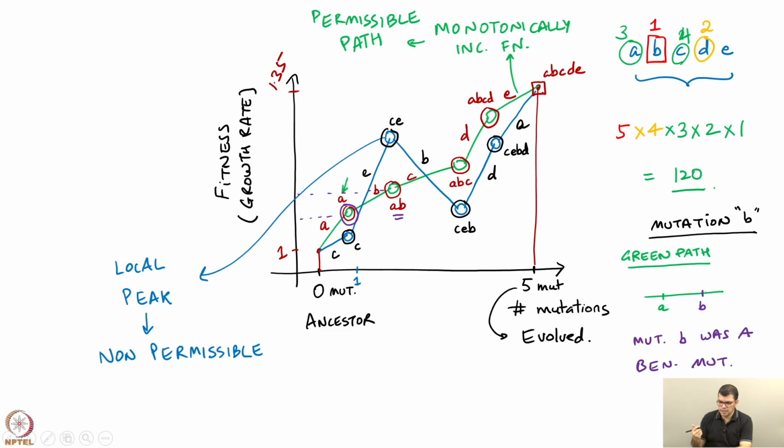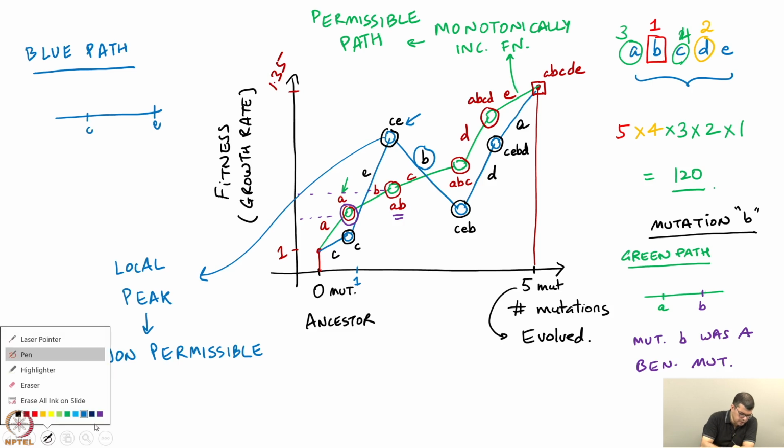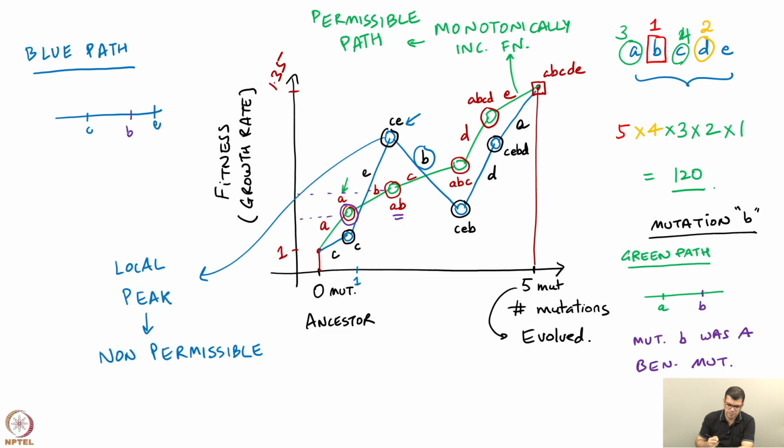But that is not the case for the blue path. Let us take a look at mutation B on the blue path. Now, in this case, mutation B occurs when C and E are the two mutations that are already present. So, let us say C is already there and E is already there, and in this context mutation B takes place on this genome.